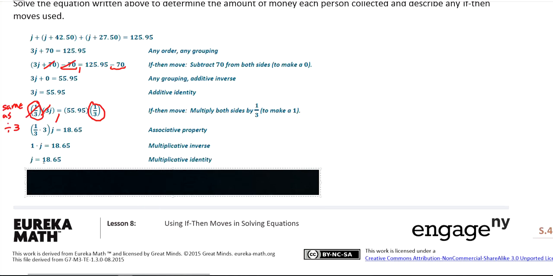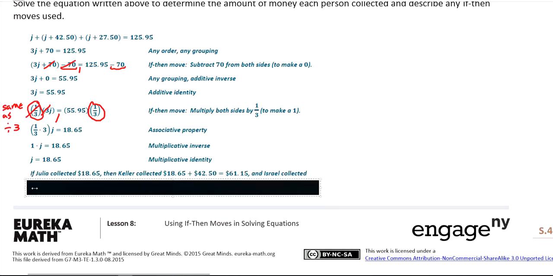Finally, J equals $18.65 based on all that. So J equals the amount of money Julia collected. If Julia collected $18.65, remember Keller collected $42.50 more than her. So Keller collected $61.15.